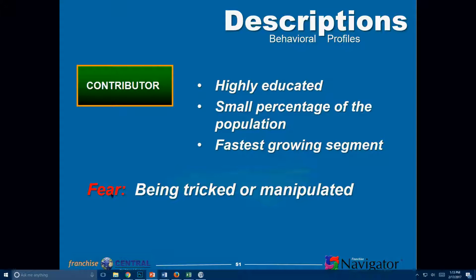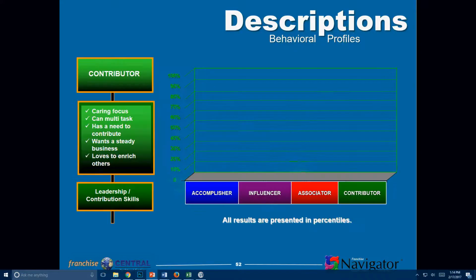They're a much smaller percentage of the population, but it is a fast-growing segment. Their fear is being tricked or manipulated. So establishing trust, establishing integrity, and the value of who you are and what you're doing is very important to the contributor. Now, let's look at the continuum.